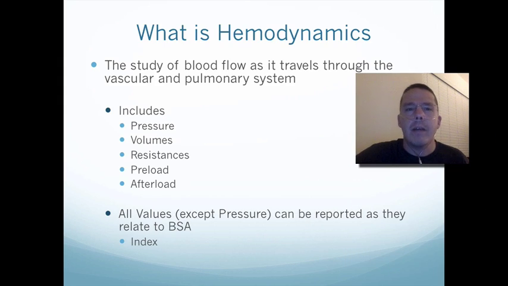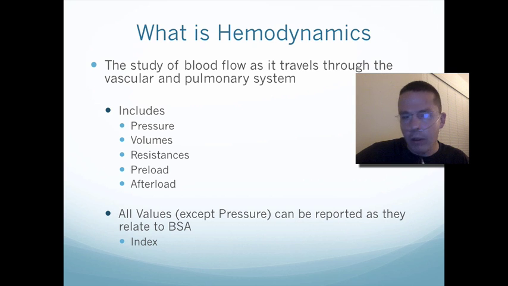So hemodynamics involves the study of blood flow as it travels through the vascular and the pulmonary system. Now, a lot of people think that hemodynamics involves just the measurement or monitoring of pressures. While this is true, the monitoring and measurement is not just of pressures. We measure pressure, usually in millimeters of mercury. We can measure volume.